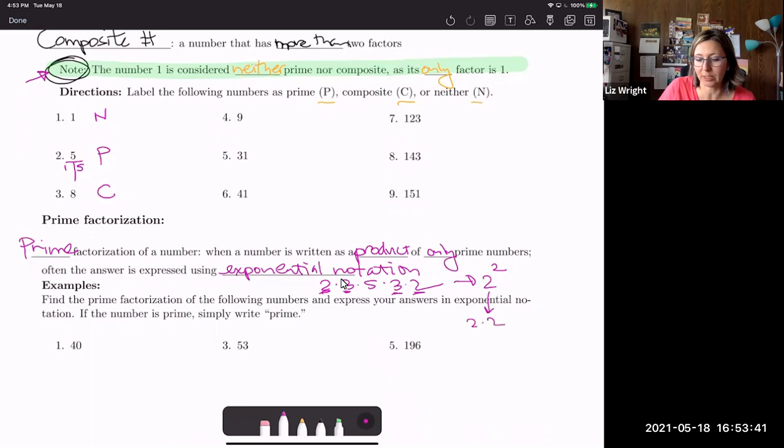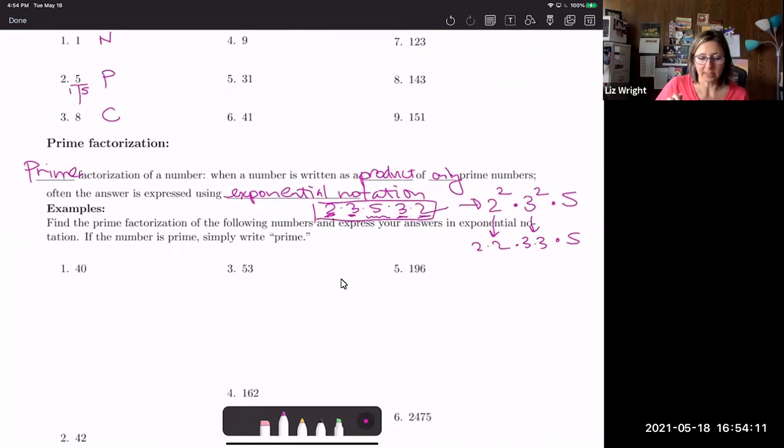So that means 2 times 2. And then we would write times 3 squared, because how many 3s do we have? We have 2 of them, which is where we get that exponent. And that's the same as times 3 times what's left is 5. And so you would have 2 squared times 3 squared times 5. Does that give us back what we started with? Absolutely. So that's what it's talking about when we rewrite it using exponential notation.